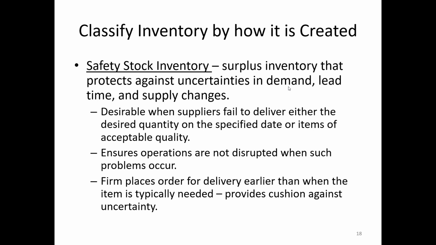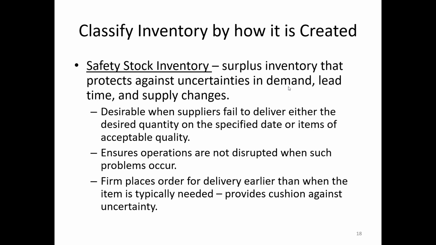Look at masks, vaccines and all that kind of stuff, in the very high-profile sense. Or they fail to deliver it within a certain period of time. Lead time is highly variable.